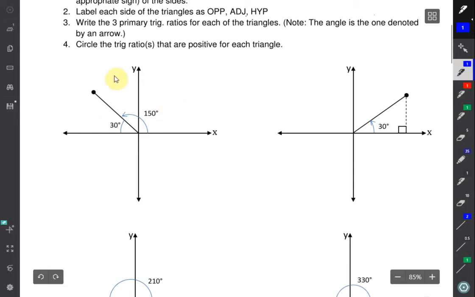Now, when you come over to this angle here, instead of writing the sine of 30, you will be writing the sine of 150, because this triangle here is the triangle for the angle 150 degrees.